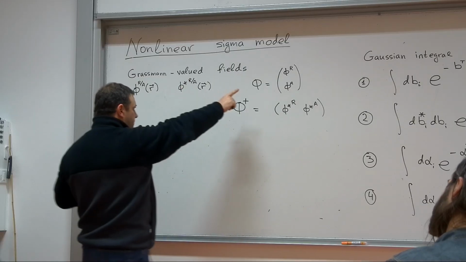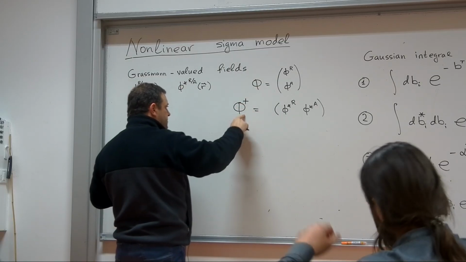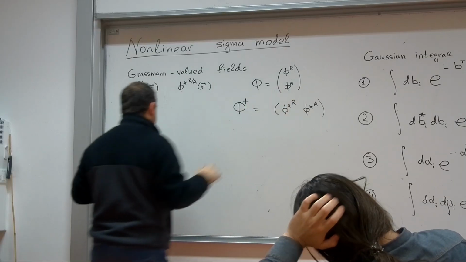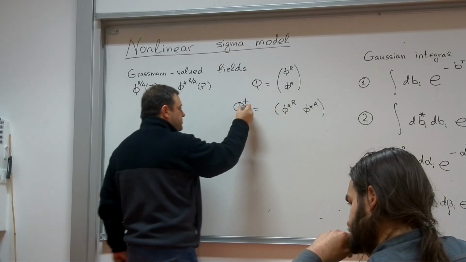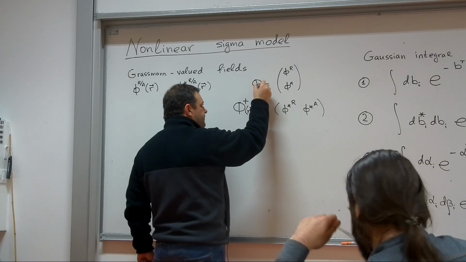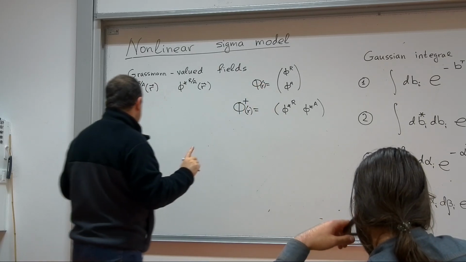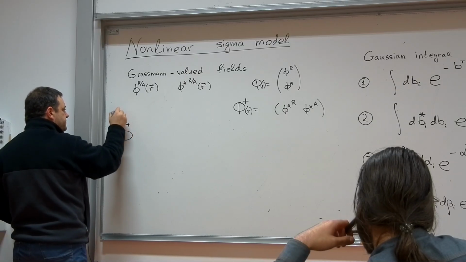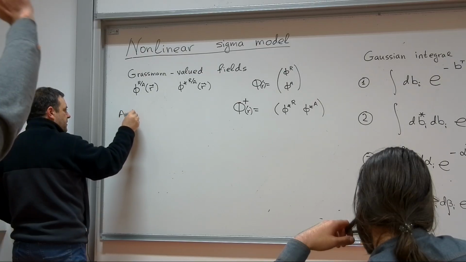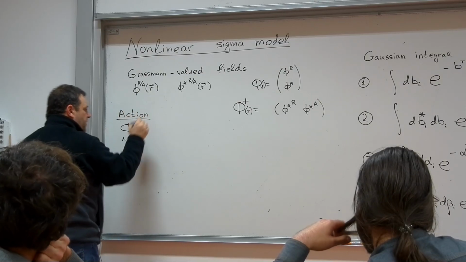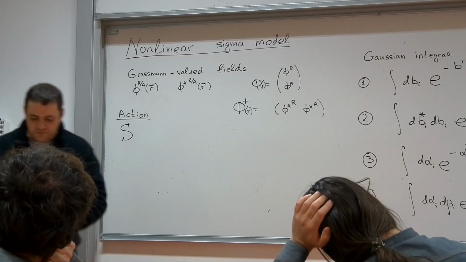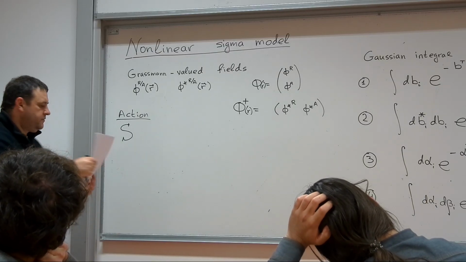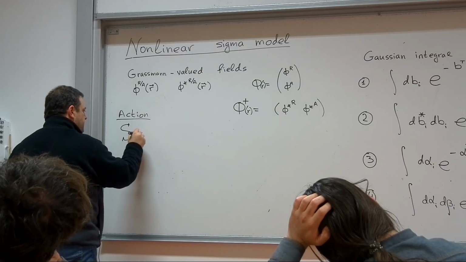So these are my fields. They are arranged in these two things. One is the row, the other one is a column. Both are functions of R. And now I will introduce something which is called the action of my field theory. And the action is the following object.